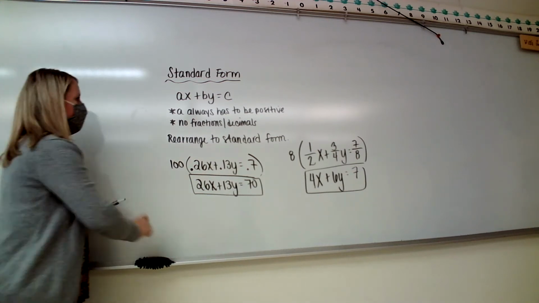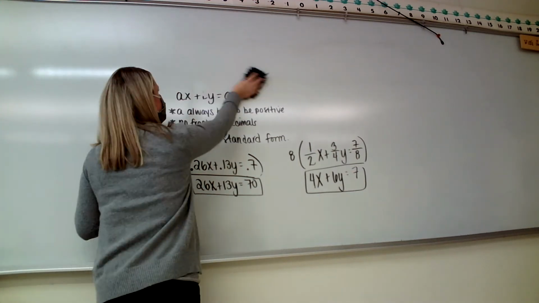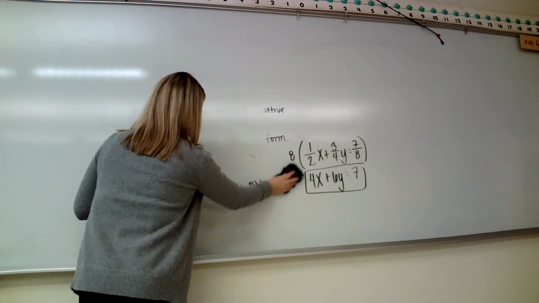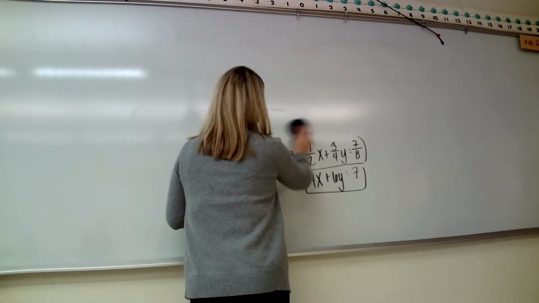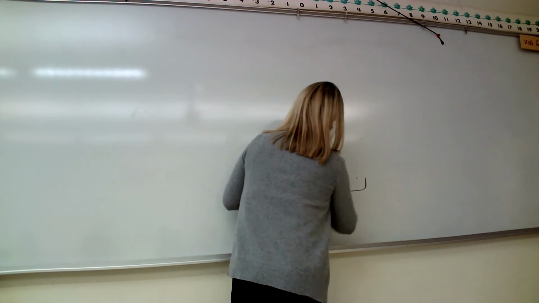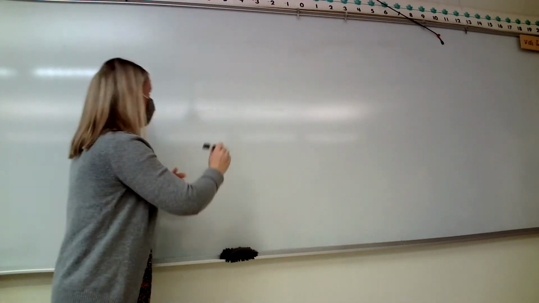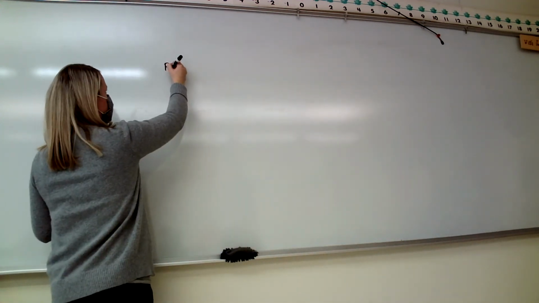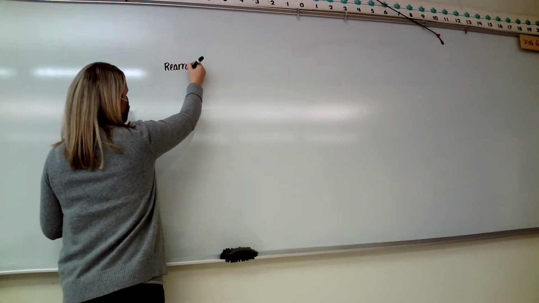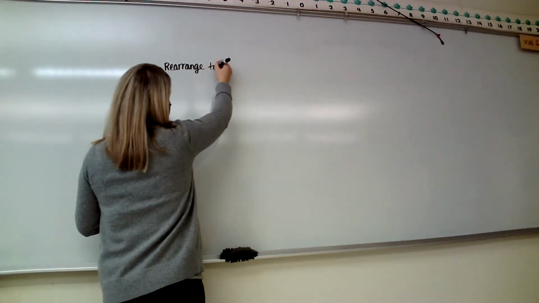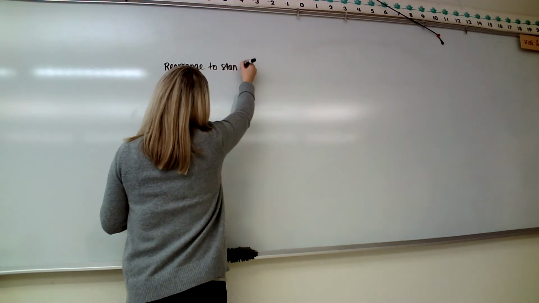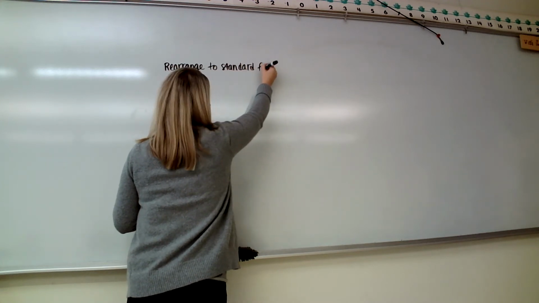Okay. So now when we think about standard form, let's think about our other forms as well. So I'm going to say rearrange to standard, so same directions. This is actually what you're going to do a lot with standard form.